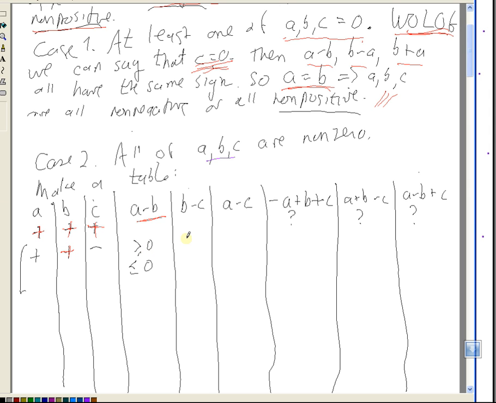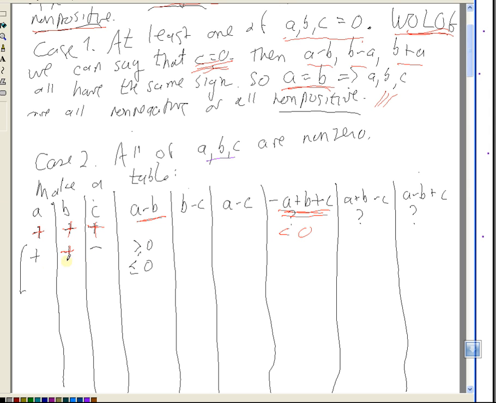Okay. Then what do we have in this case? What's the sign of this one? Well, minus A plus B is the same as A minus B taken as a negative. A minus B is non-negative, so that means minus A plus B is non-positive. And C is also negative, so this number must be less than 0.